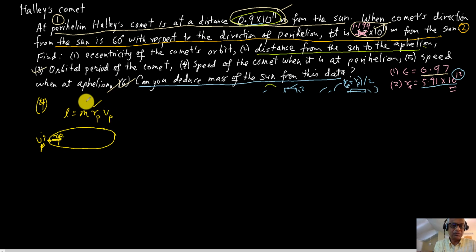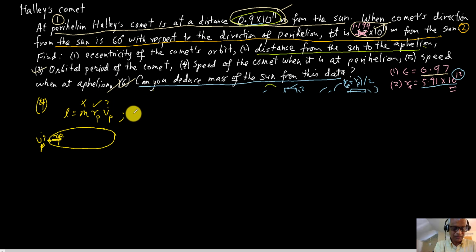So this is known, this is not known, and this is what we have to find. Okay, but L is also in the definition of R0, if you remember.